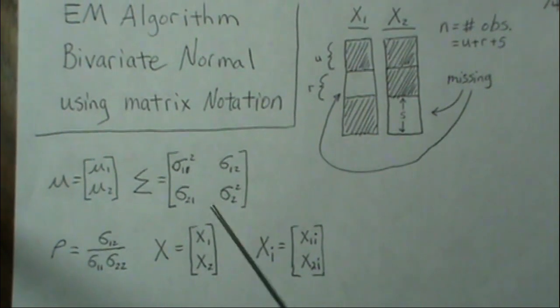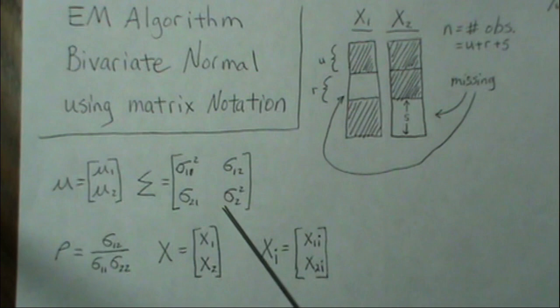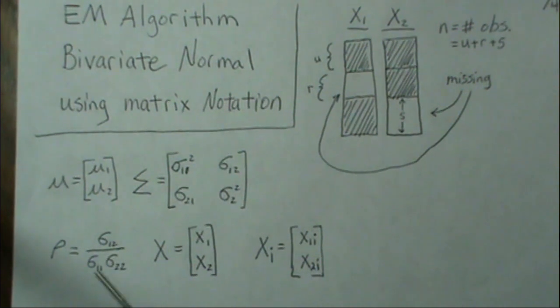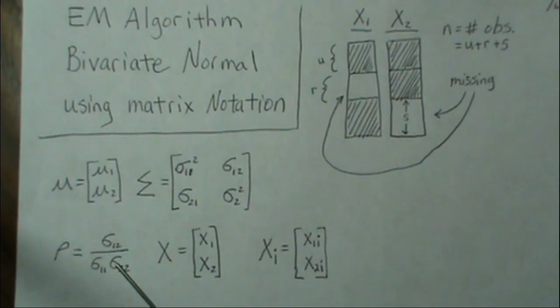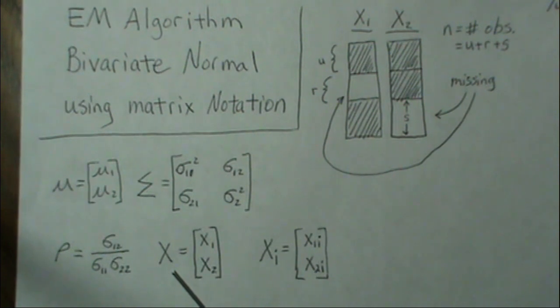This is a symmetric matrix, so these two covariances are equal. We do need to make this a positive definite matrix, and the relationship is that the correlation is equal to the covariance divided by the standard deviations, which is this. Here x is a random variable that has two components, and x is bivariate normal.